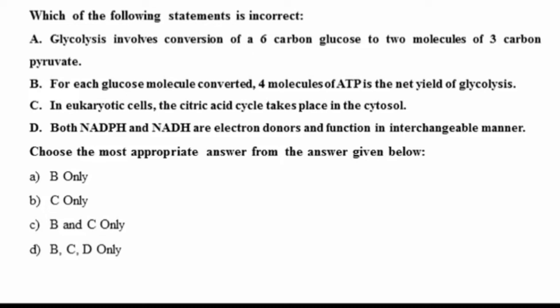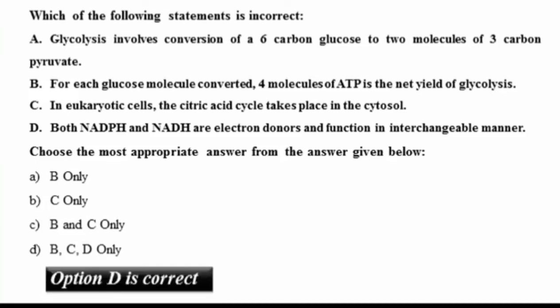The main difference between NADH and NADPH is the role of each type of the reduced coenzyme inside of the cell. NADH is used in cellular respiration. The NADPH is used in photosynthesis. So they do not function in an interchangeable manner. Therefore, statement D is also incorrect, and the correct answer is option number D, B, C, and D only.